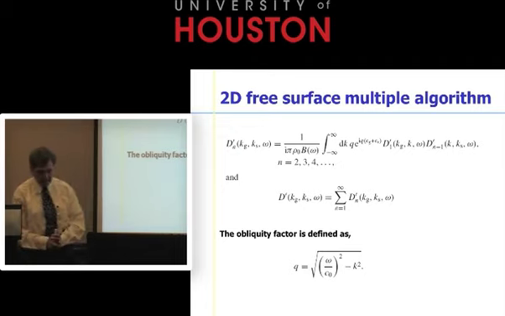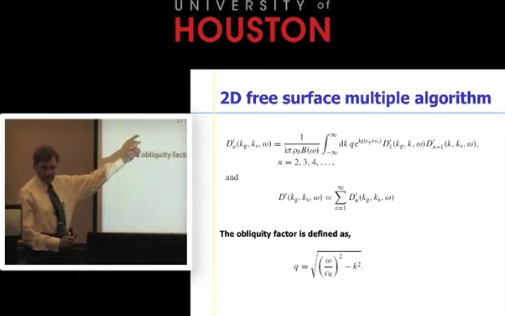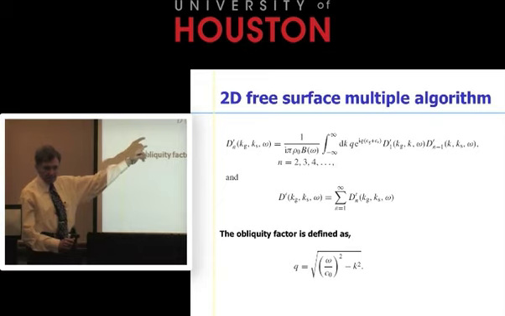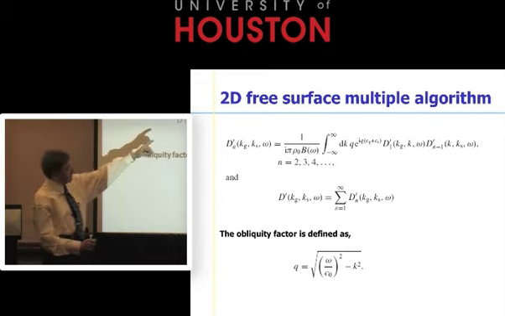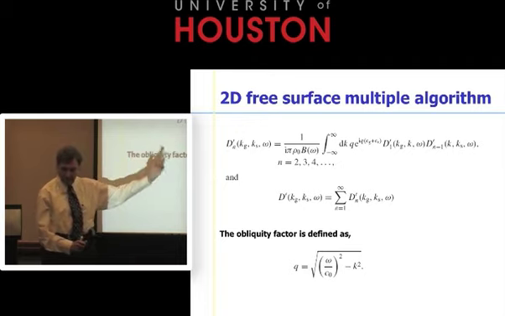That has a downside, that the radon can injure primaries. Radon doesn't commit to preserving them. So this is more expensive. If you drop the obliquity, it's cheaper. It becomes something you can do in x-omega, is the point. If you keep the Q, you have to compute this, and it's more expensive.